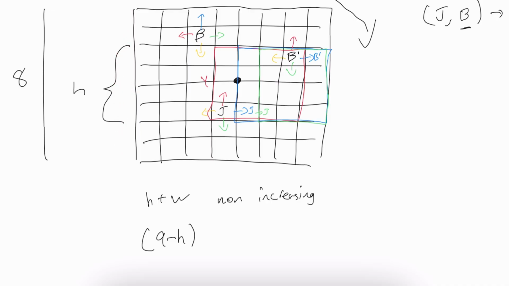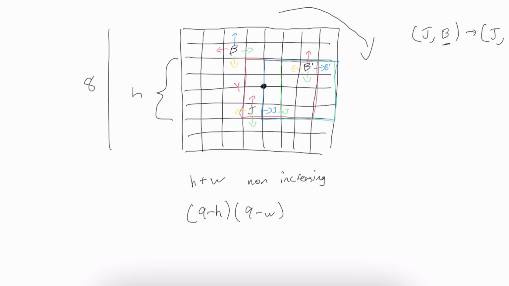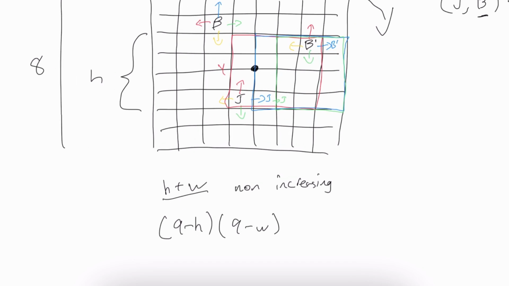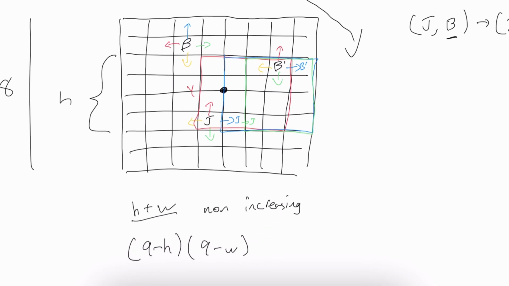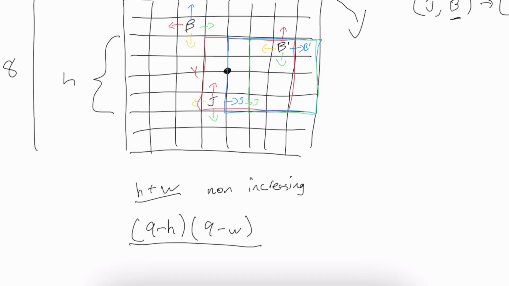And similarly, in the width direction, this is just also 9 minus w. So given a fixed h plus w quantity for a rectangle, the number of distinct positions it can be at is 9 minus h times 9 minus w.